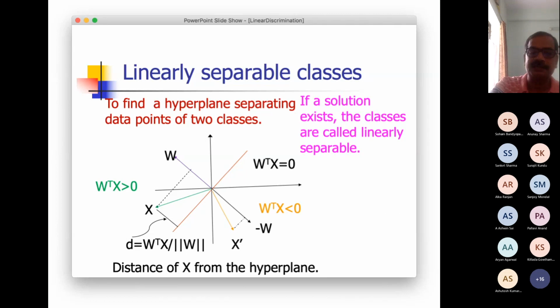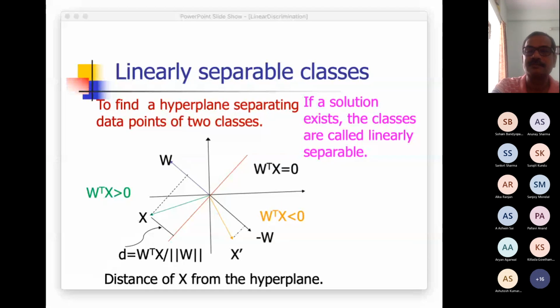Can you tell me what could be the criteria of linear separability? When do we say these two classes are linearly separable? Is there anyone who can?